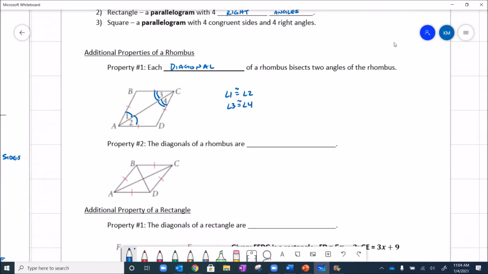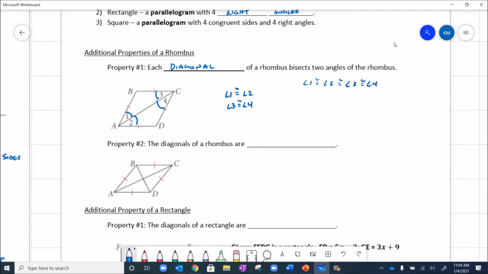And I really shouldn't have drawn it that way because even though it does bisect this, we know that in a parallelogram, the opposite angles are congruent. So angle 1 is congruent to angle 2, is congruent to angle 3, is congruent to angle 4.